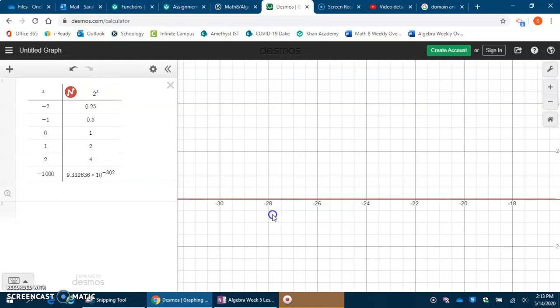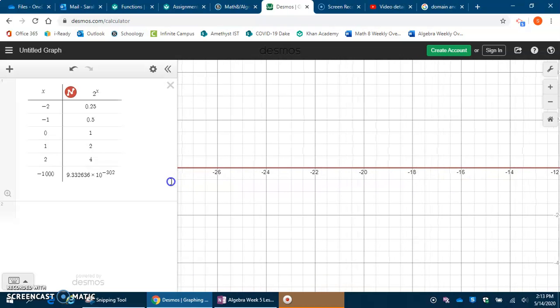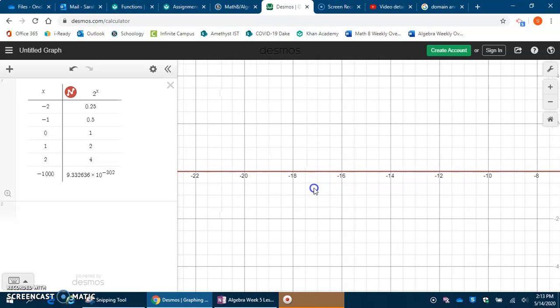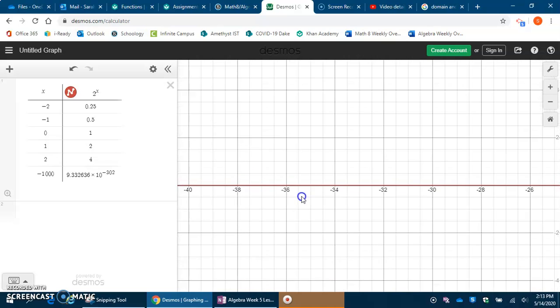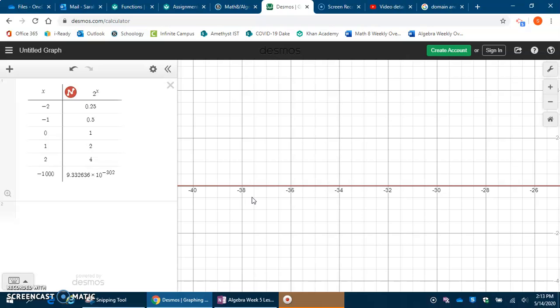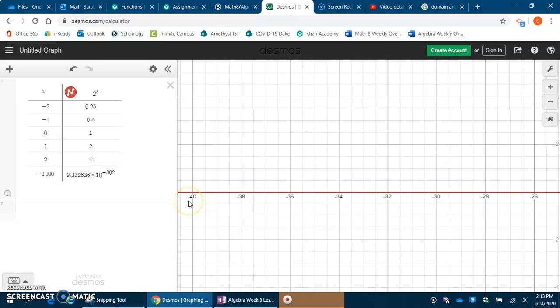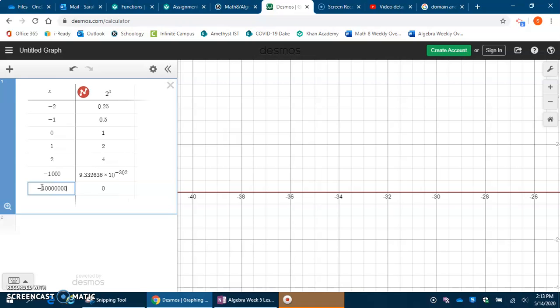So it'll never go below that 0 value. And we'll talk about that when we talk about range. But anyways, you can keep going forever and ever, and you're always going to get a really small number. I know that when I did this before, if you type in a number bigger than that, it'll say 0. That's not necessarily true.